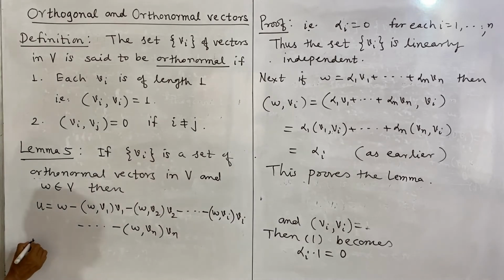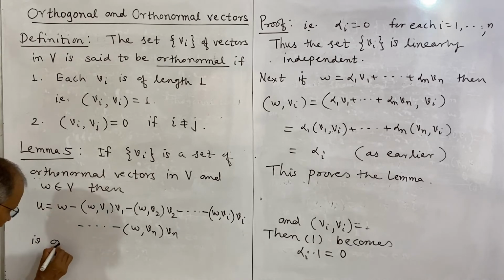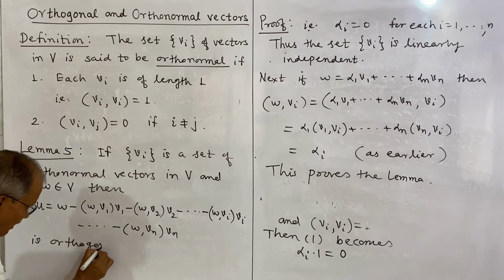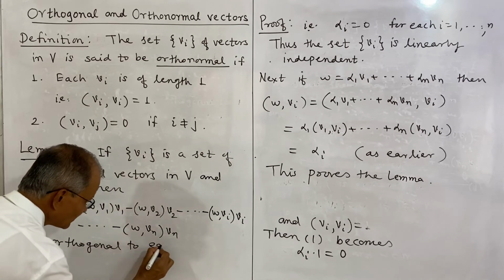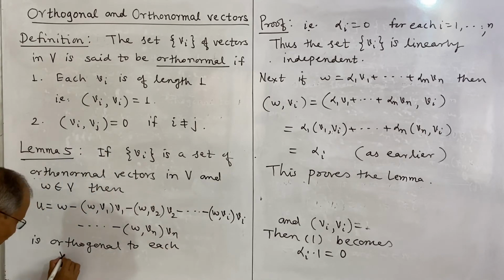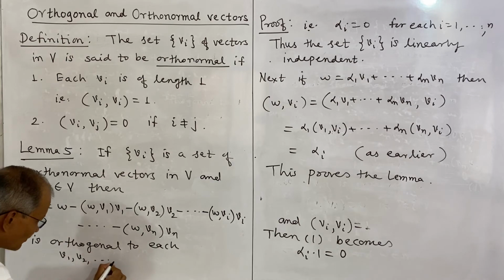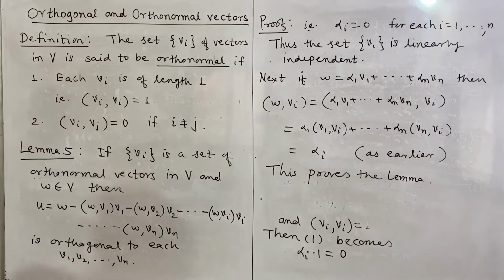This vector u is orthogonal to each of v1, v2, up to vn. So this is the result that we shall prove.